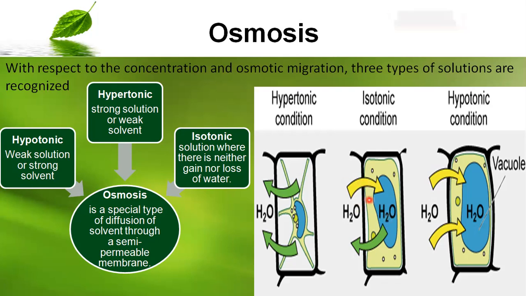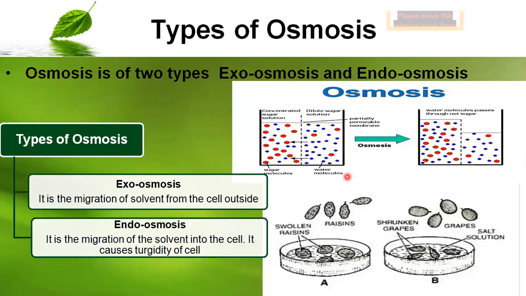Now we will see the types of osmosis. Osmosis is of two types, exosmosis and endosmosis. See here the concentrated sugar solution, where a solute like sugar is mixed in the solvent, and here is the dilute sugar solution, where the solvent like water proportion is more.